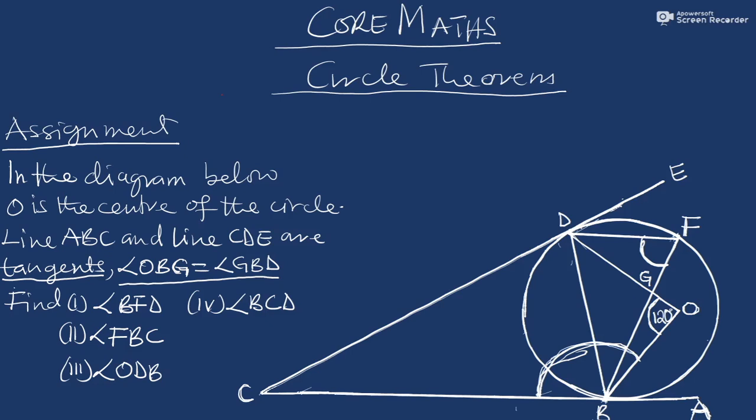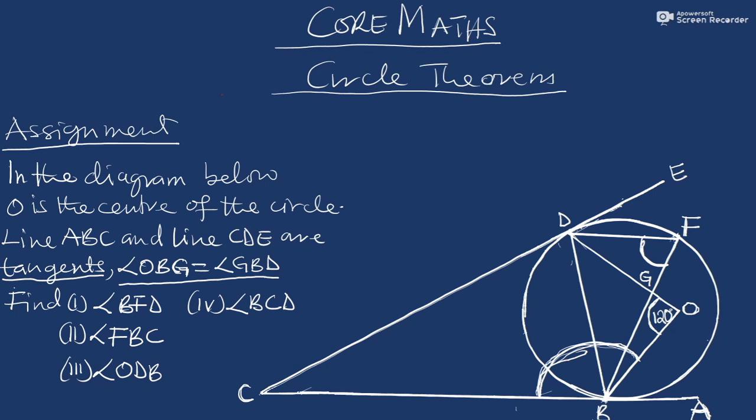So if this is 90 degrees, then this small angle here plus angle FBC should be equal to 90 degrees. So angle FBC plus this small angle here, which is angle OBG, should be equal to 90 degrees. So when we substitute and simplify, we'll be able to get angle FBC.